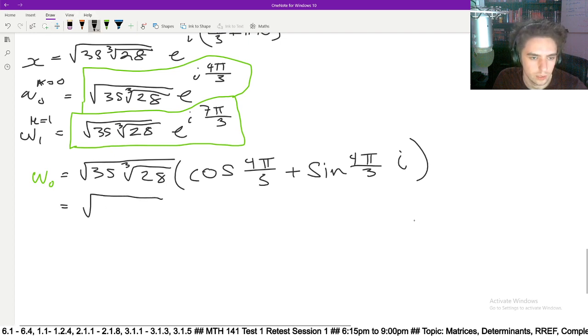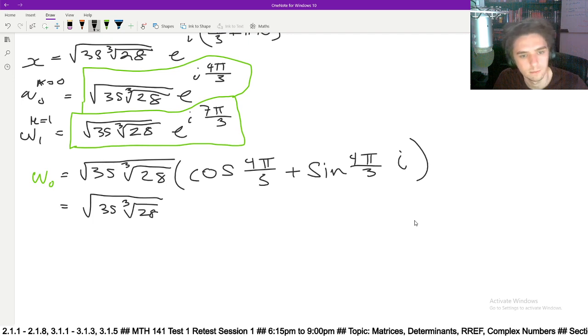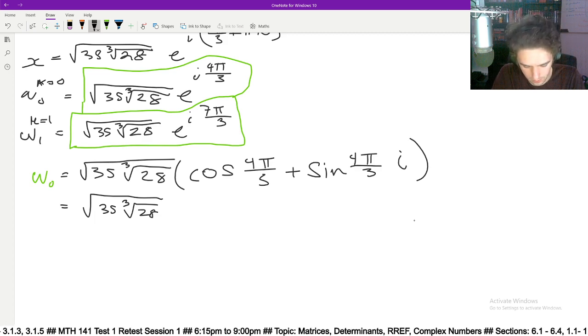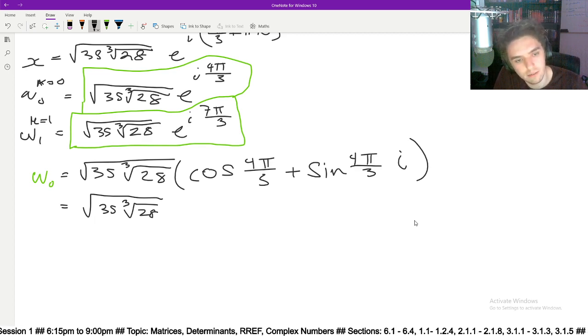So square root of 35, cube root of 28. And then, what's this now? Cos of 4 pi over 3 is negative a half.